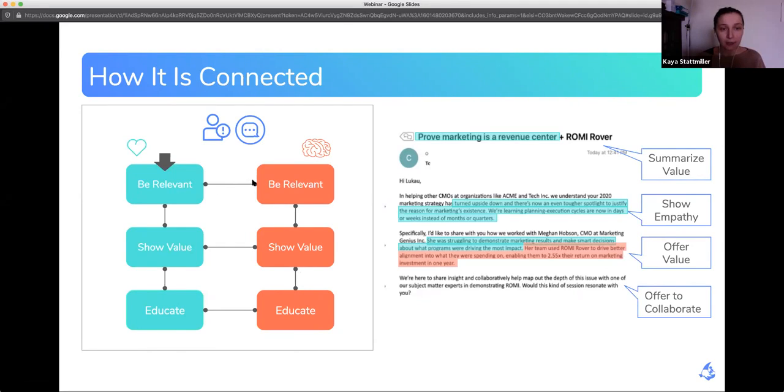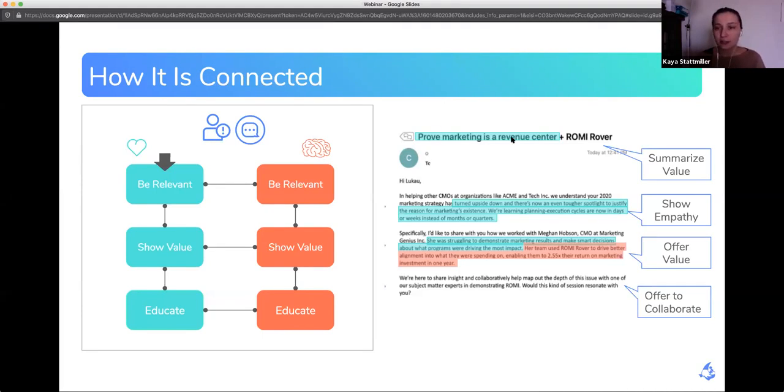Here I put connectors, not arrows, because you can connect those things in different ways. There is no right or wrong way to do it, but you always need to connect those two things.